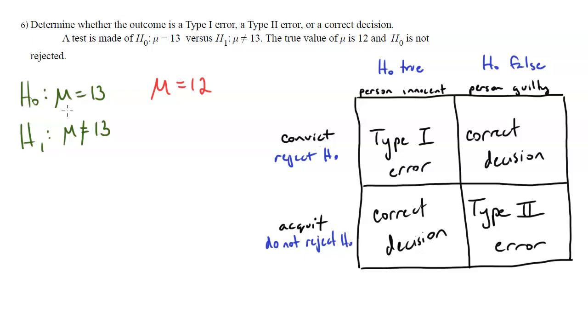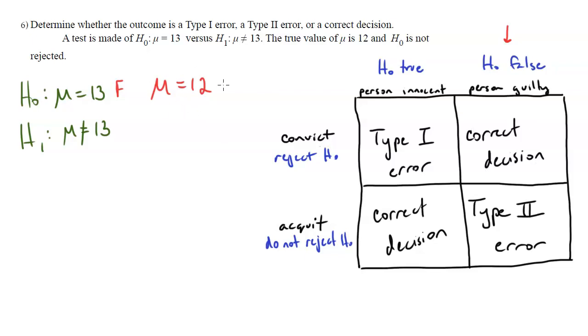Well, we said the null hypothesis was 13. The null hypothesis is that the mean is 13, the population mean is 13. Population mean is actually 12. So the null hypothesis is false. So we're here. The null hypothesis is false. The correct decision would be reject the null hypothesis.